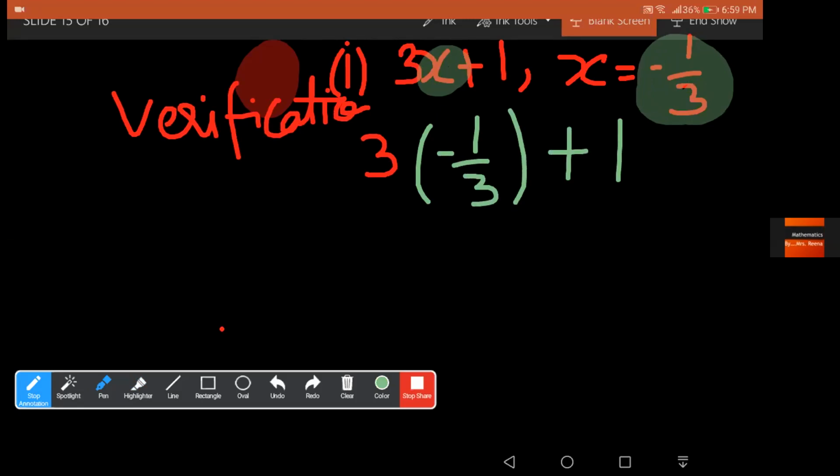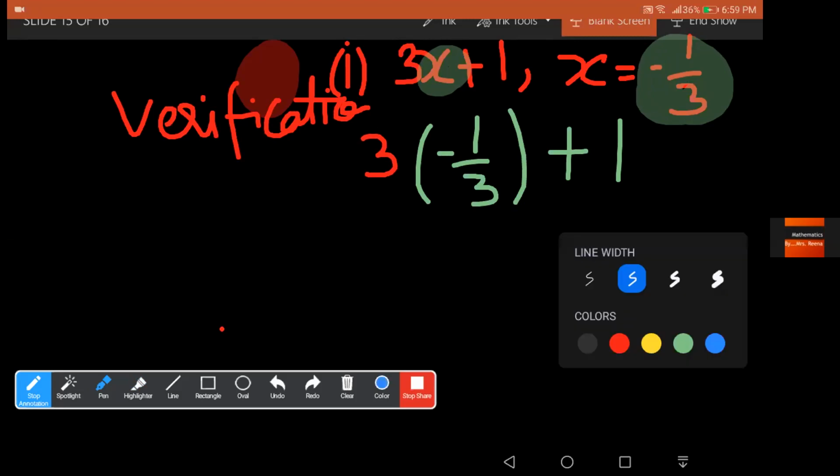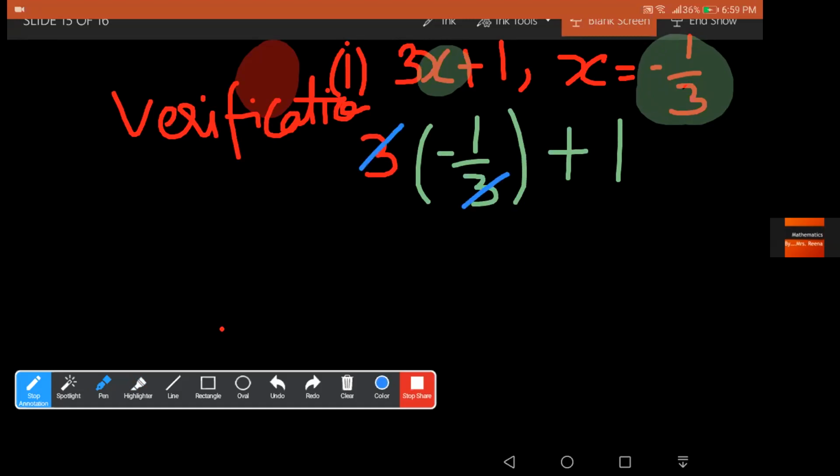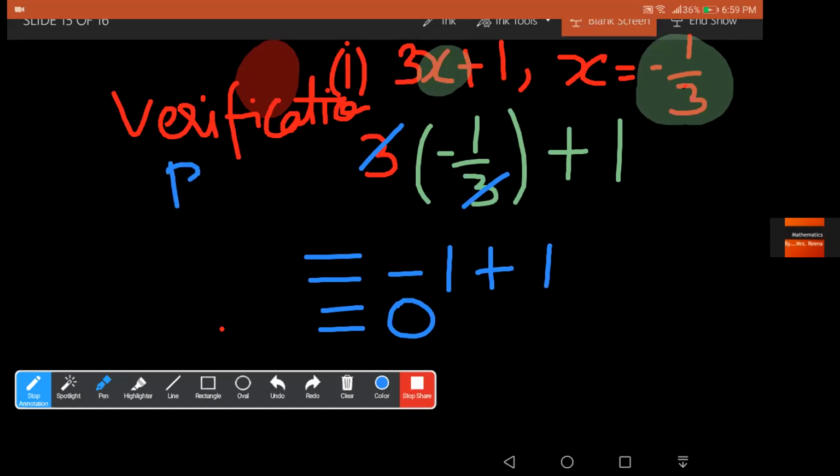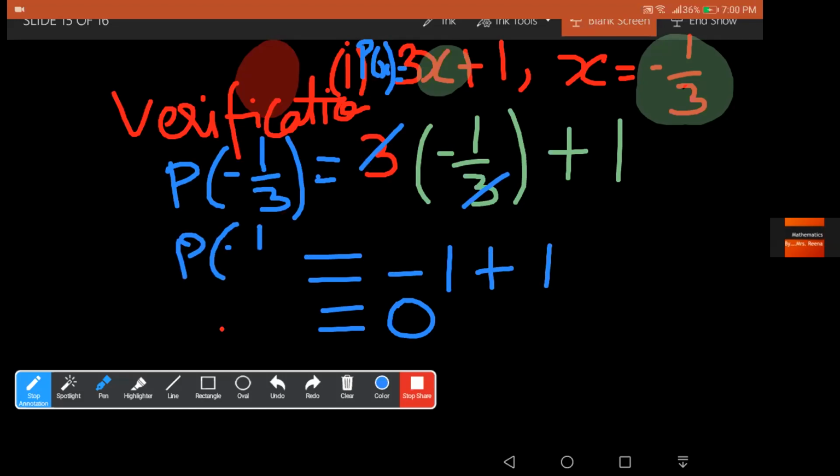So as we know, this 3 will be cancelled out by this 3 and then what is left behind? Minus 1. Minus 1 and plus 1 will be equal to 0. So अगर polynomial की value, if this is px, अगर हमने p of minus 1 by 3 find किया, जिसकी वैल्यू किसके इक्वल आ गई? 0 के इक्वल आ गई.